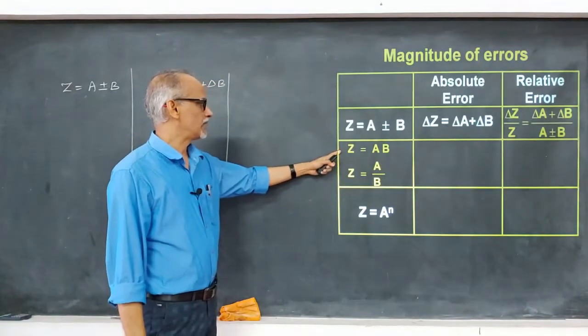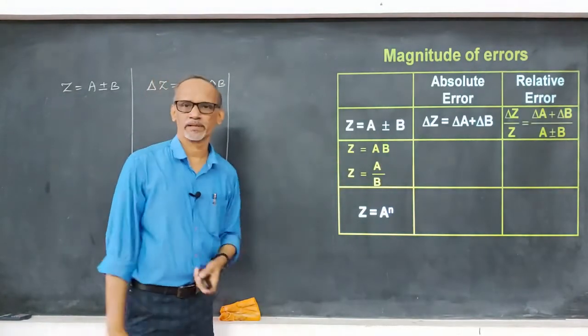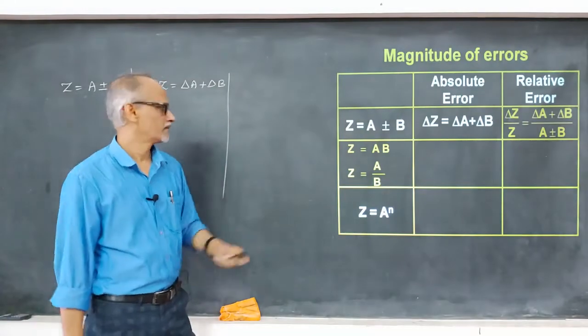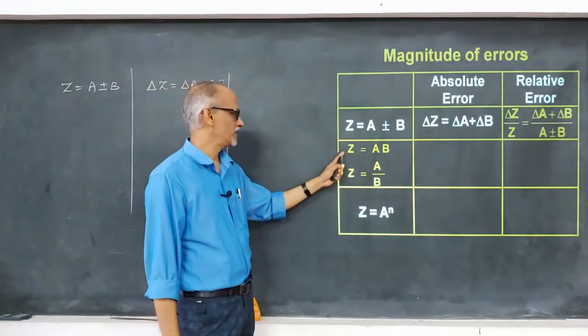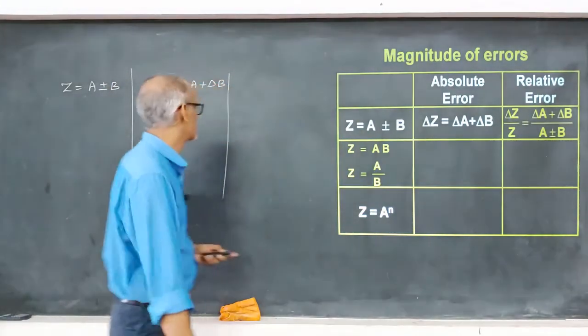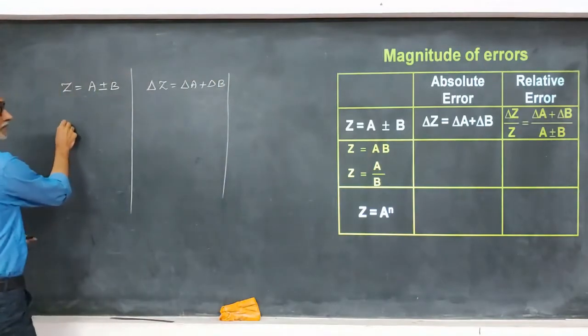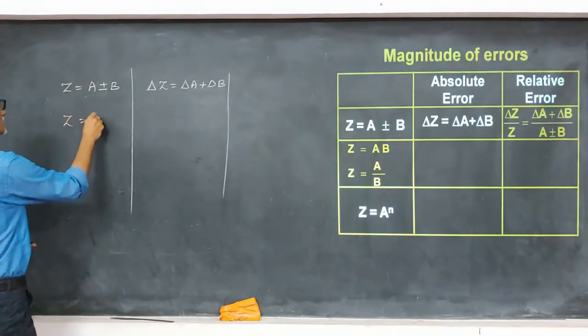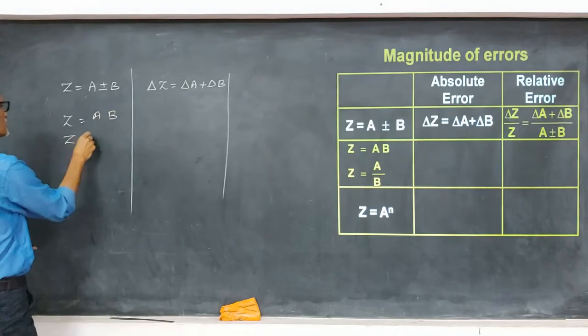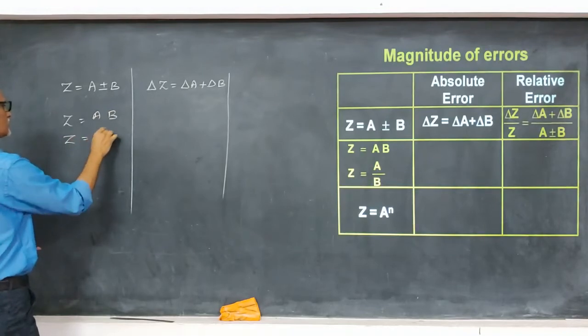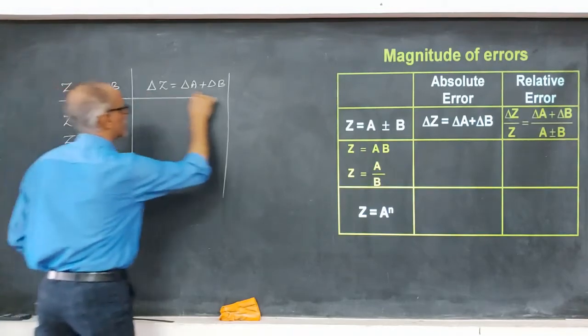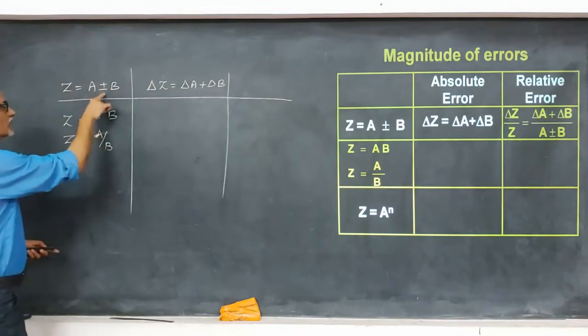whenever we multiply or whenever we divide quantities, that is, Z is equal to A into B, or Z is equal to A by B. The previous rule is only for adding or subtracting quantities.